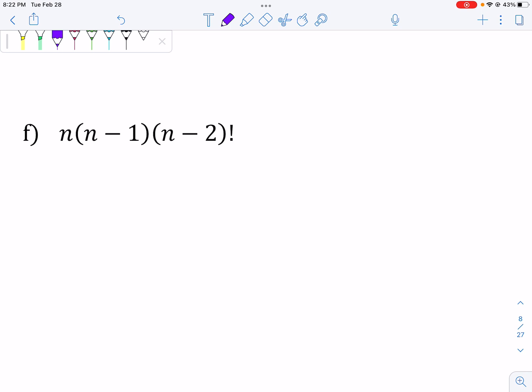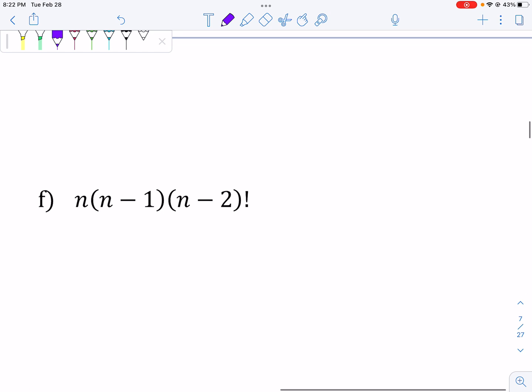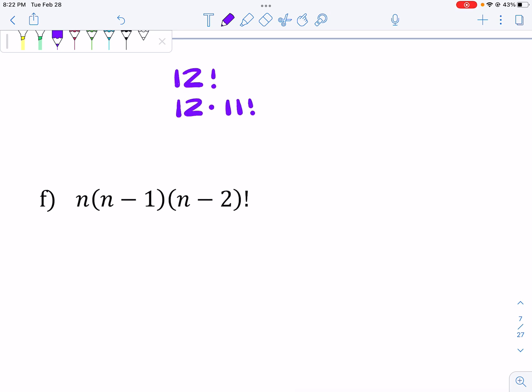Before, I want to draw your attention to an older example we talked about yesterday in class. We said 12 factorial can be written as 12 times 11 factorial, or 12 times 11 times 10 factorial, or 12 times 11 times 10 times 9 factorial.